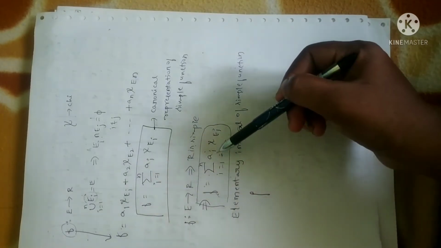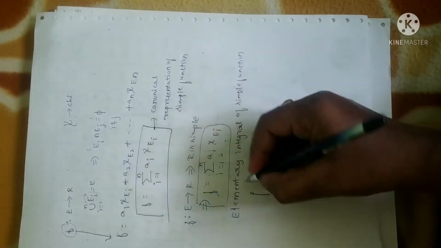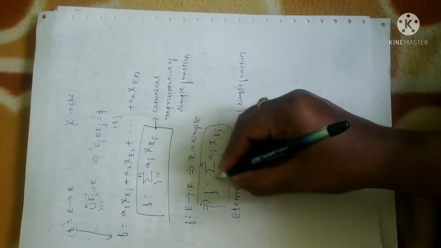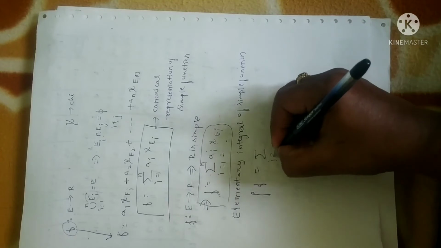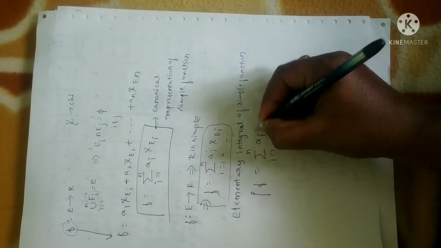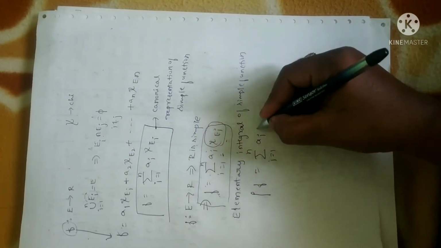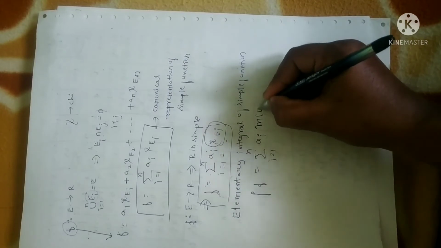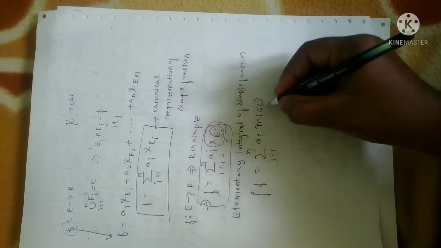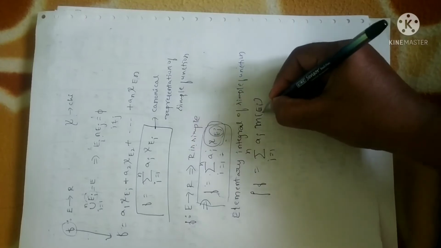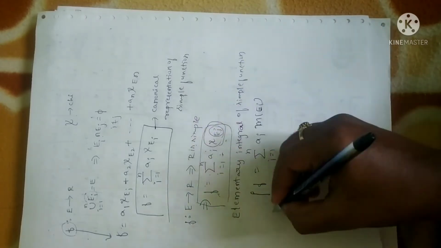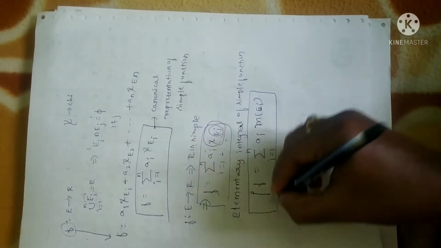If that is the case, and you take the integral of that function f, we can write this as summation i equal to 1 to n ai, and this chi of Ei will become the measure of Ei. Whatever the set you have here, whatever the domain you have, you have to write the same domain, measure of Ei. So this is the elementary integral of a simple function. You have to remember this.